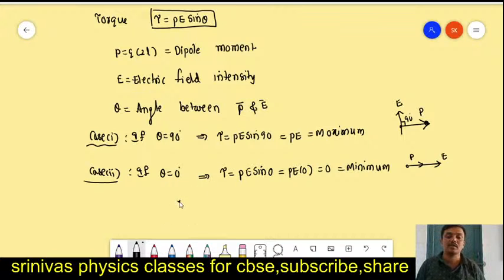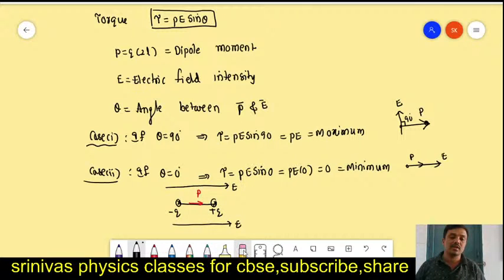P to the right means, from minus Q to plus Q. If the electric field is also applied to the right, the electric field and dipole moment are along the same direction, then the torque will become minimum.